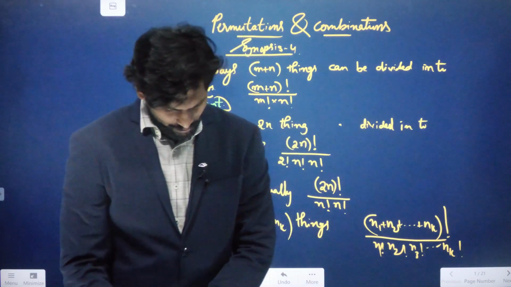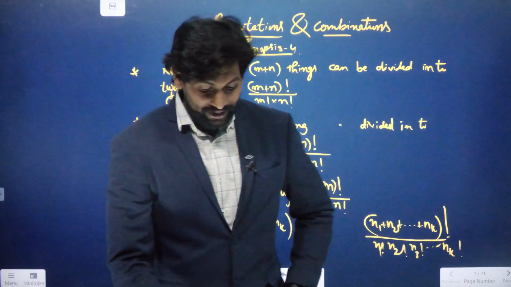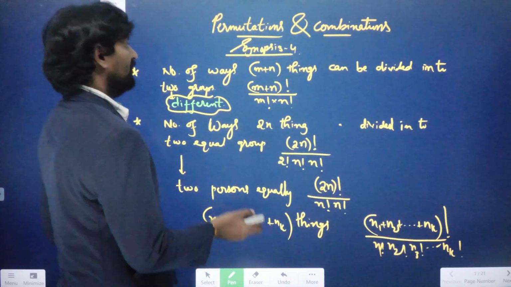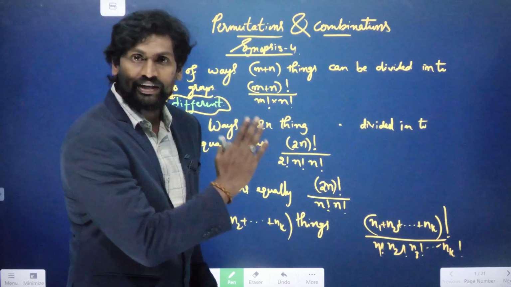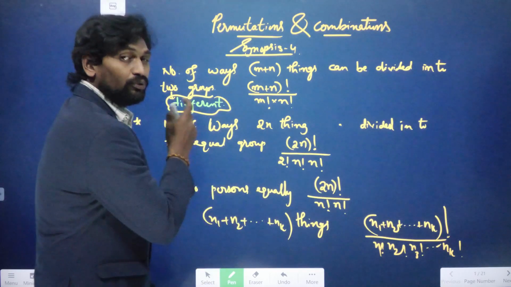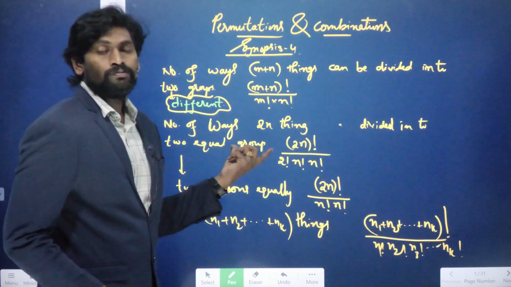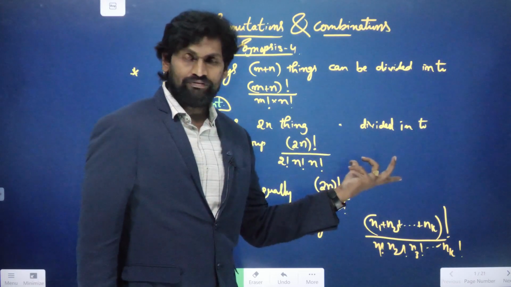Okay, next one, the total number of combinations. Let us check it once. M plus n things divided into two different groups is (m plus n) factorial by m factorial into n factorial. Now 2n things divided into two equal groups is 2n factorial by 2 factorial into n factorial into n factorial.